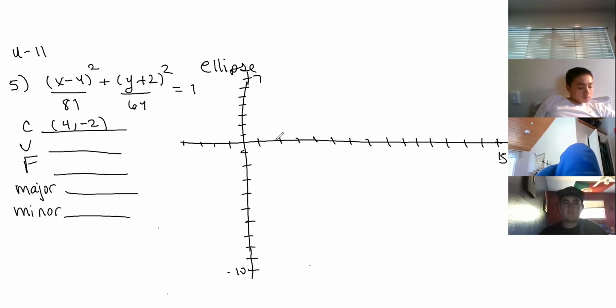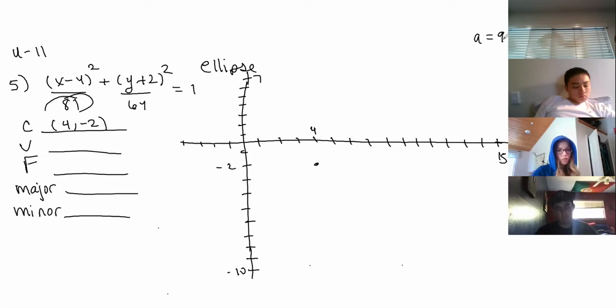All right, over 4, down 2. And then from here, I'm going to move right and left. Anything under the X tells me how far. So square root of 81 is 9. So how far am I going to move right and left? The 9.